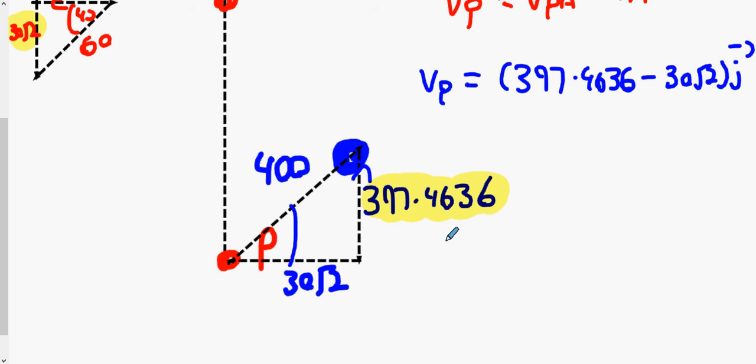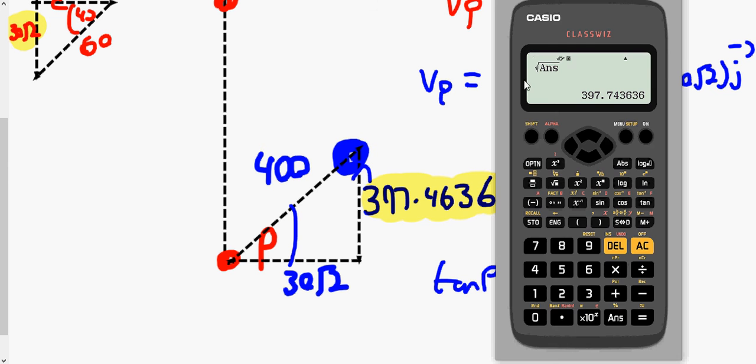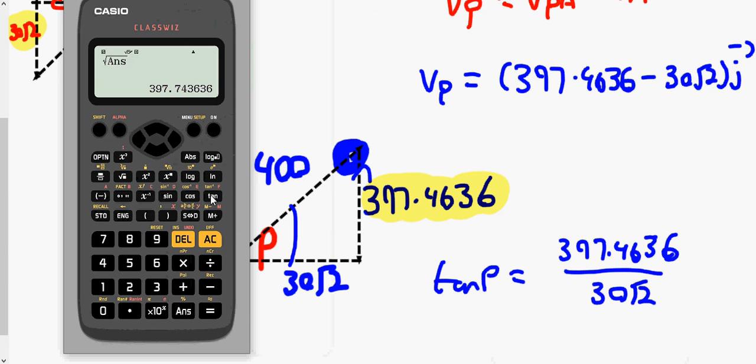So what's the direction? Tan P equals what? 397.4636 divided by 30 root 2, and shift tan inverse that. Okay. 83.9 degrees, or 83.91.